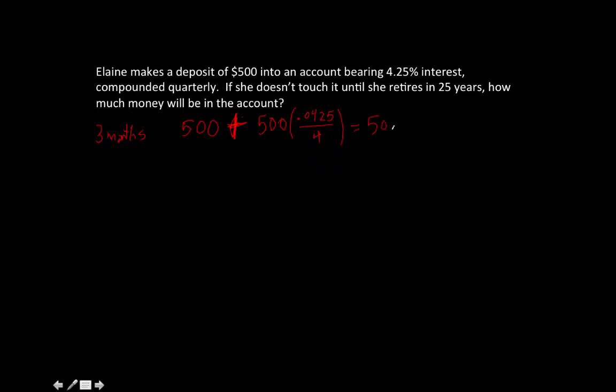If I factor out the 500, because obviously I don't want to do this calculation 100 times, so I'd like to find a pattern, so let's make it as clean as possible. Factor out the 500 and I get 1 plus 0.0425 over 4, whatever that may be.